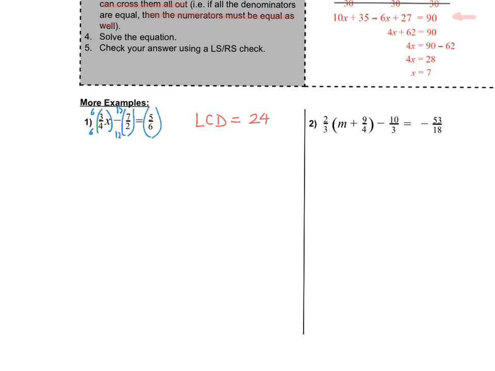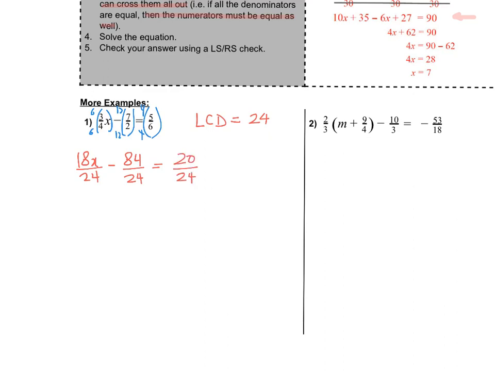And this gets multiplied by 4. Now let's just simplify. So this will be 18x over 24 minus 84 over 24 equals 20 over 24.